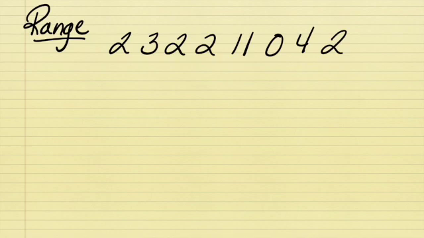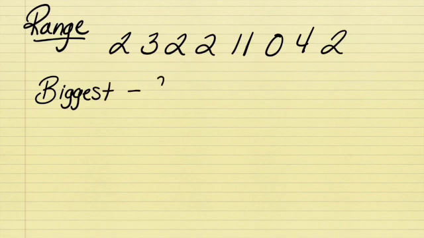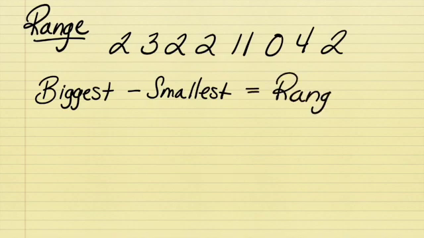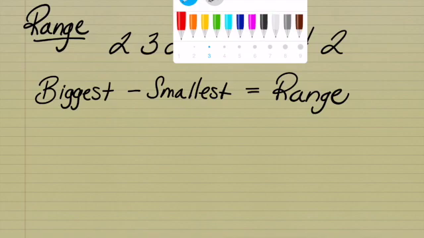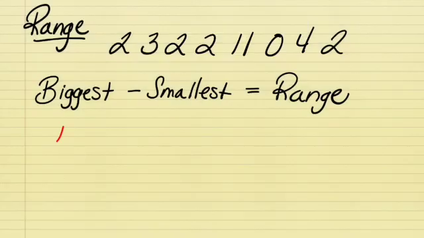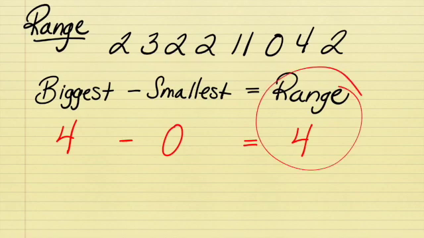You take the biggest number and you subtract from that the smallest number. So the biggest number minus the smallest number gives us the range. In this case, the biggest number in our data is 4 minus the smallest number, which is 0. And 4 minus 0 is 4. So the range of our set of data is 4.